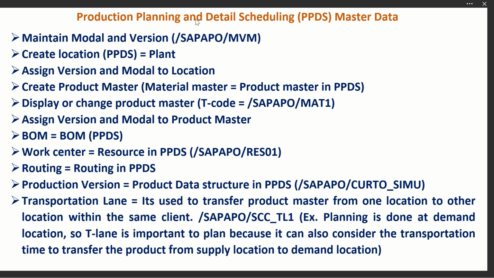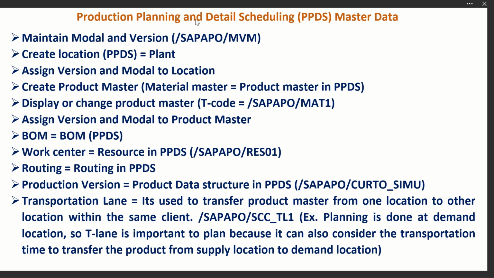So today I am going to explain to you the master data required for PPDS, production planning and resource scheduling. Before starting, the most important master data is a model and a version, which play an important role.